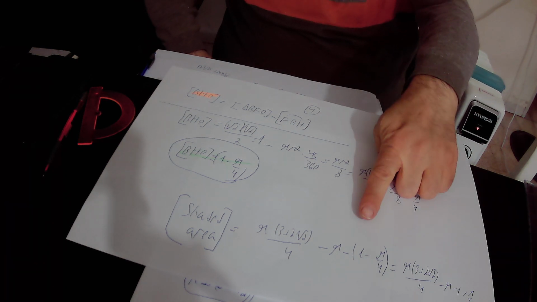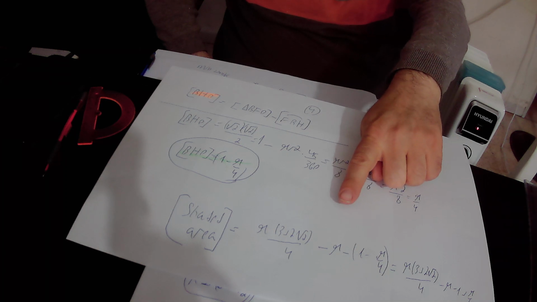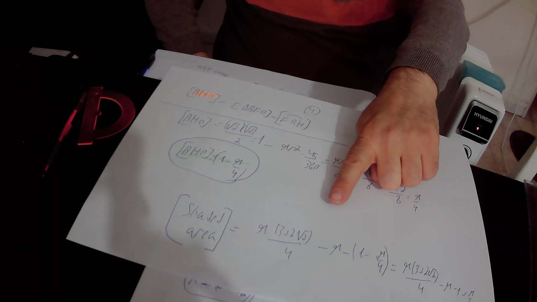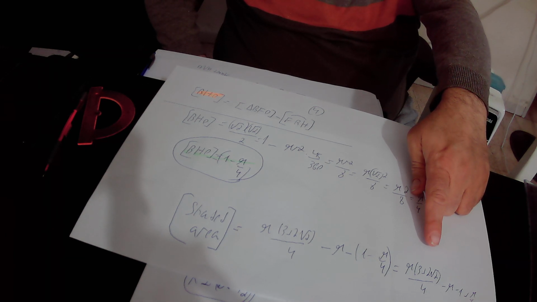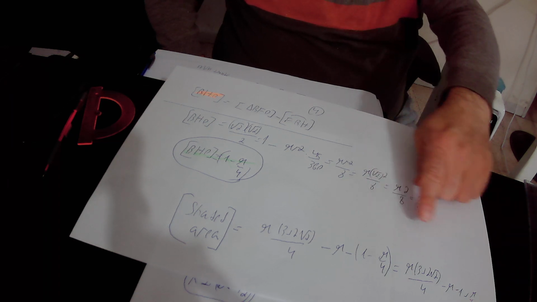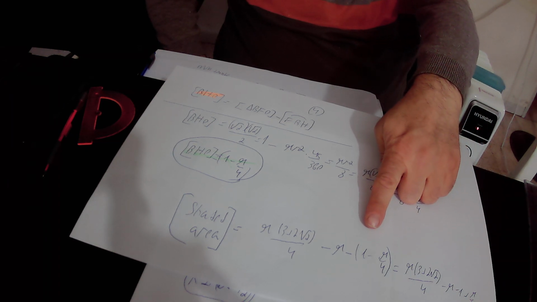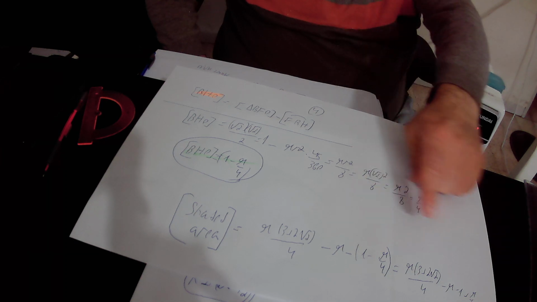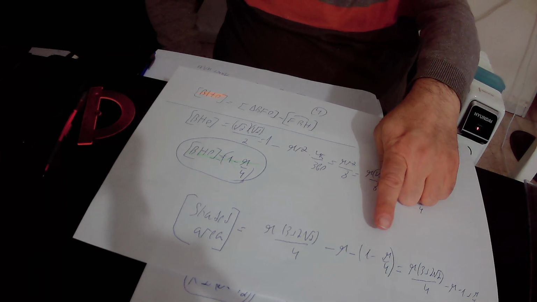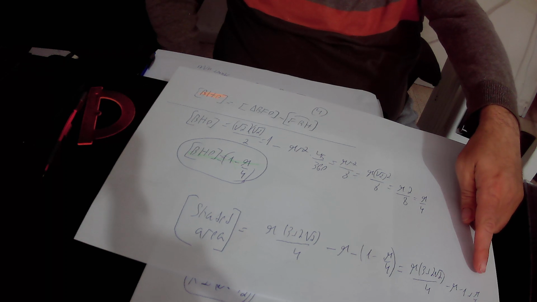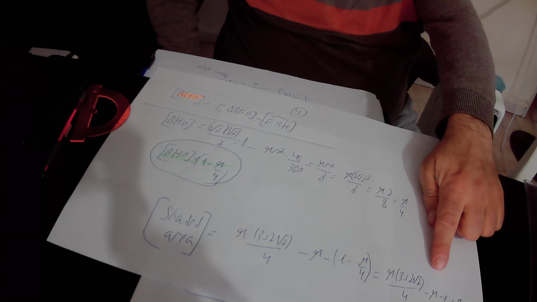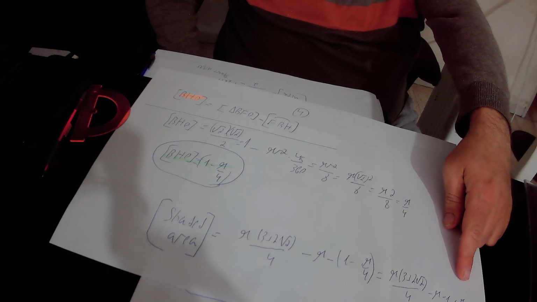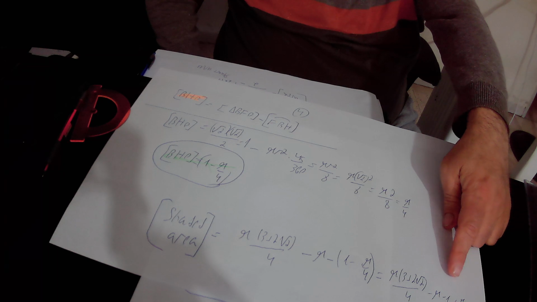So here we open the brackets and found out that the value of the shaded area equals pi times 3 plus 2 times square root of 2 over 4, that is the area of sector AOE, minus pi, and we open the brackets here. After we open the brackets, we have here minus 1, and minus times minus is plus. So it is plus pi over 4. And here we have minus pi plus pi over 4, which is minus 3/4 pi, minus 1.